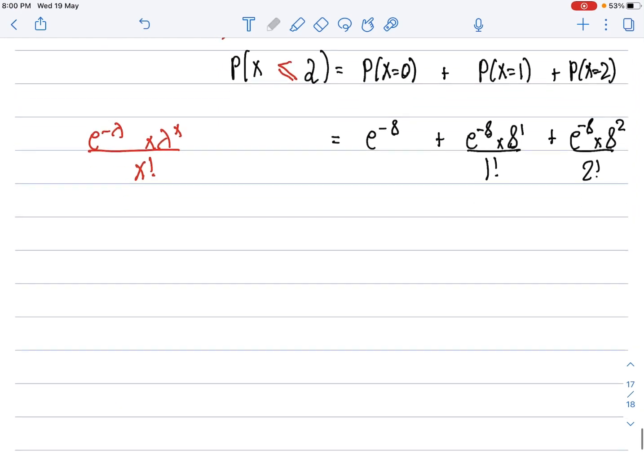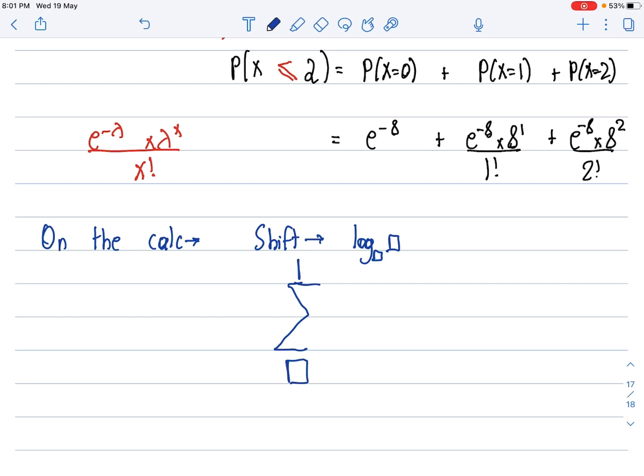Now to solve this, you can simply use a calculator method. So on the calculator, first click on shift. When you click on shift, click on the log button here. When you click on the log button, you get a summation sign something like this, with a box here and a bracket here.